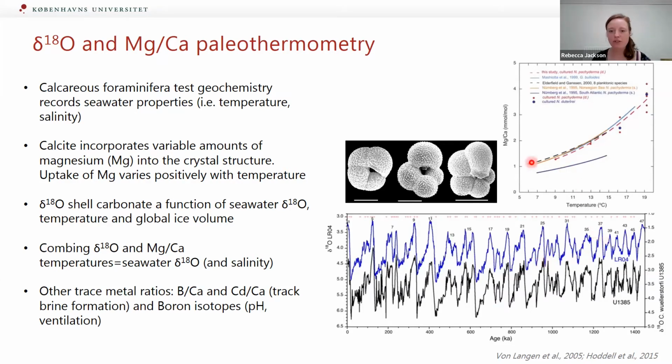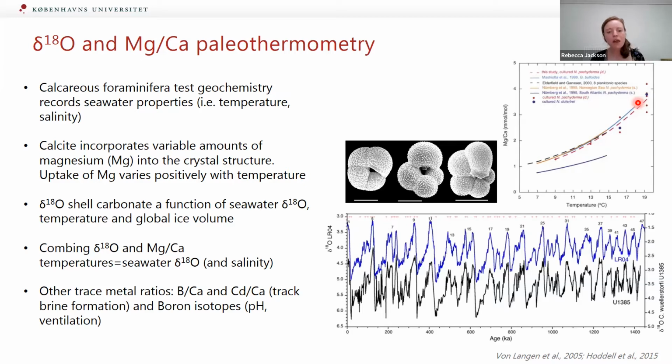You can see here, for example, some measurements on this species, amongst others, that there is a calibration curve between the magnesium-calcium ratio that you would expect to find in a given shell or a group of shells, and temperature. This is very helpful because we have these different species-specific calibrations. We can actually draw a quantitative temperature, so a number, rather than an inference of warmer or colder and so on.